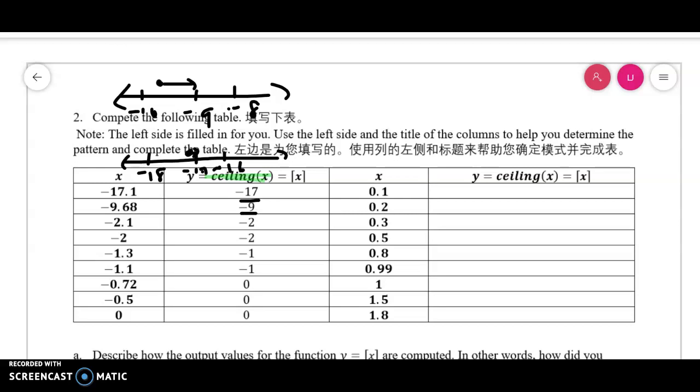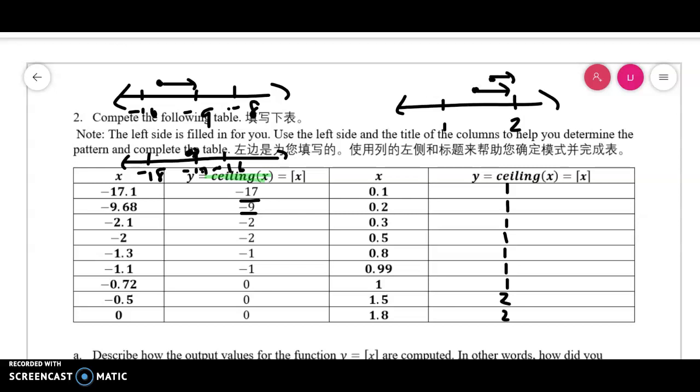So 0.1, closest integer above it, 1. 0.2, same thing. These are all going to be 1. And 1 is an integer, so of course this closest integer is 1. 1.5 is right over here, so the closest integer above it is 2. 1.8, very similar, closest integer above it is 2.